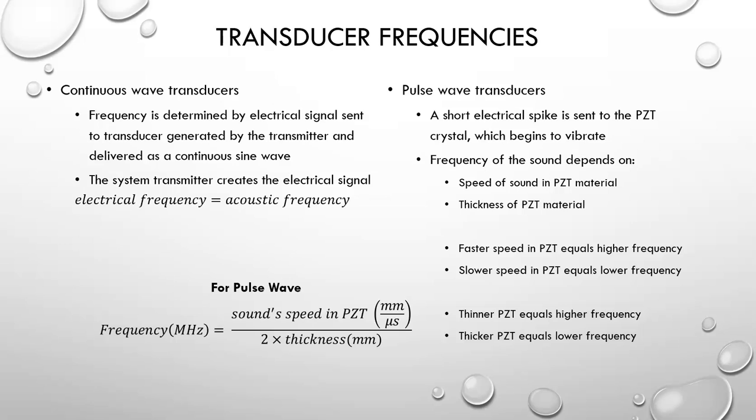Faster speed equals higher frequency. Slower speed equals lower frequency. Thinner PZT equals higher frequency, and thicker PZT equals lower frequency.